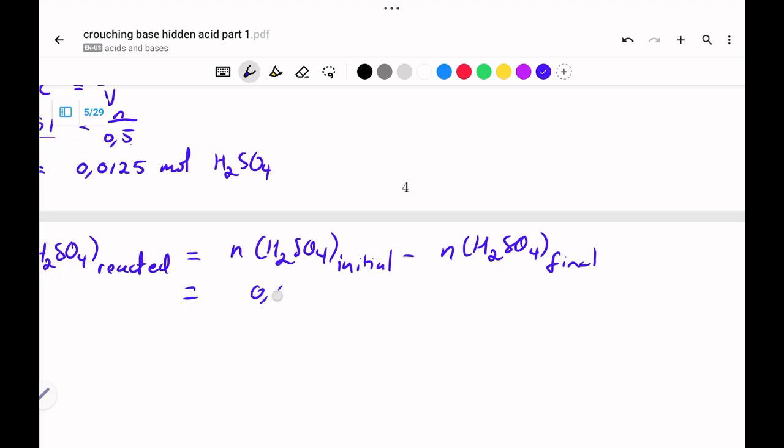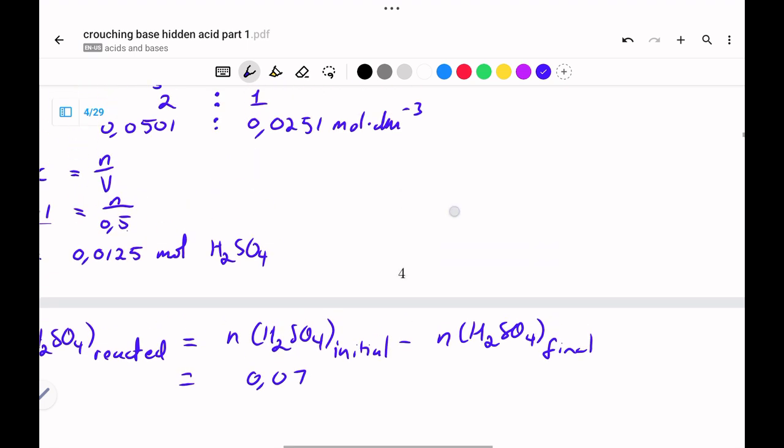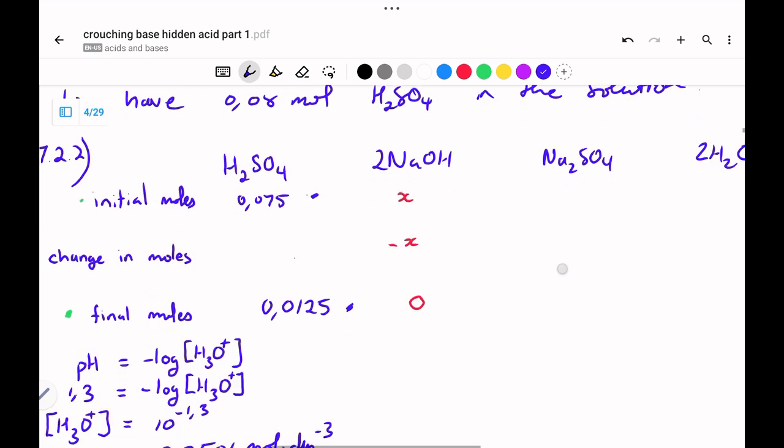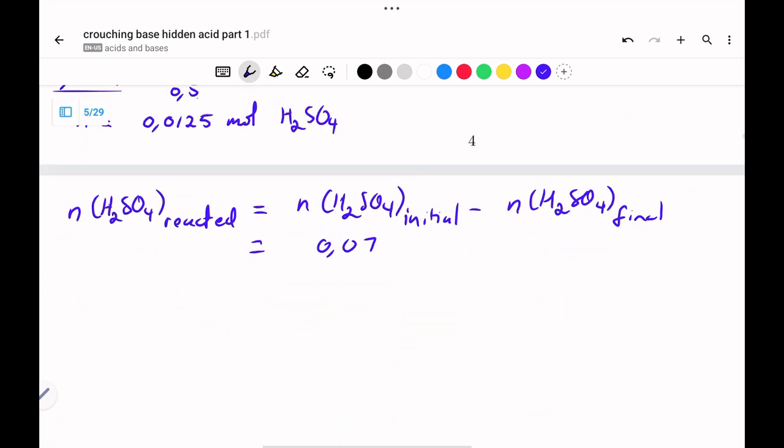That is 0.075 minus 0.0125. What does that give us? 0.0625.